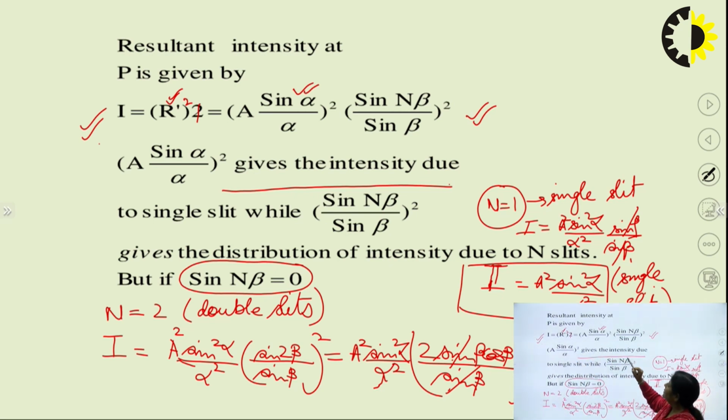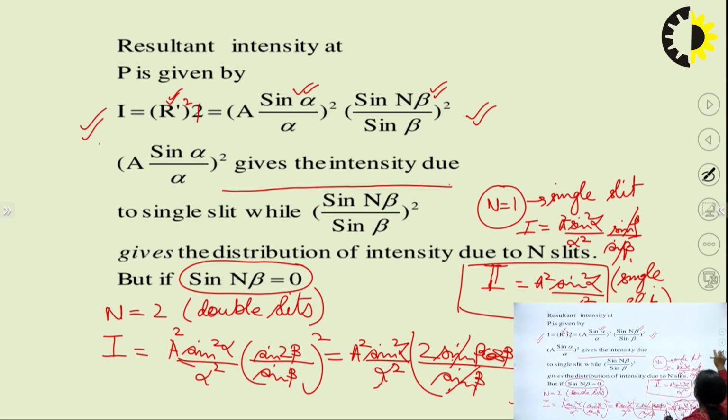So we are not talking about this term because it is for the single slit. Every time when we say what will happen, we mean what will happen with this term. So for intensity to be minimum, if we look at it very carefully, this numerator sine n beta can give us the position where the intensity is minimum, because it should be minimum.